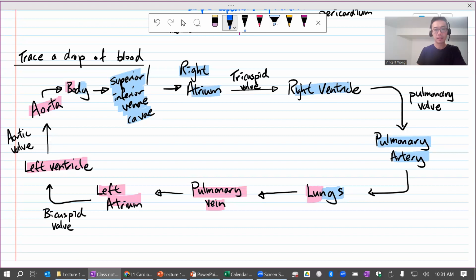Okay, so once again, remove CO2, add O2. Remove O2, add CO2. Okay?